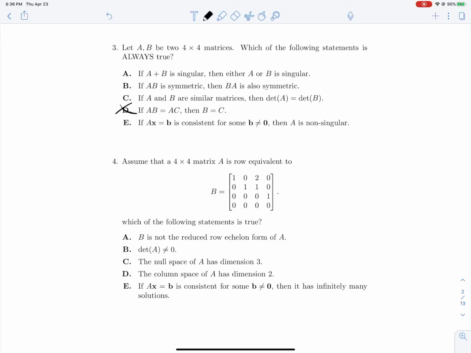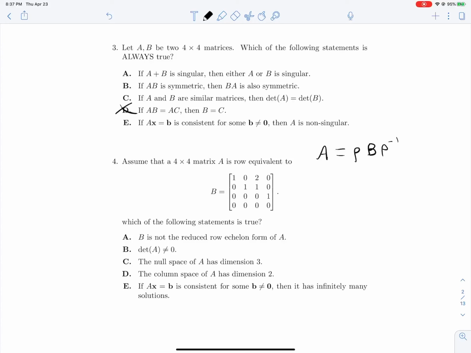If A and B are similar matrices, then the determinant of A is equal to the determinant of B. So let's use diagonalization to show why this is true. Two similar matrices are only similar if there's some invertible matrix P such that you can write A equal to P B P inverse.